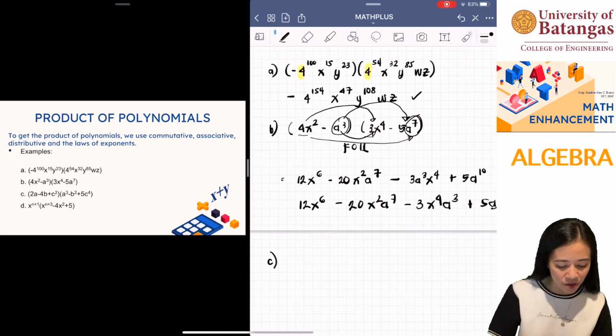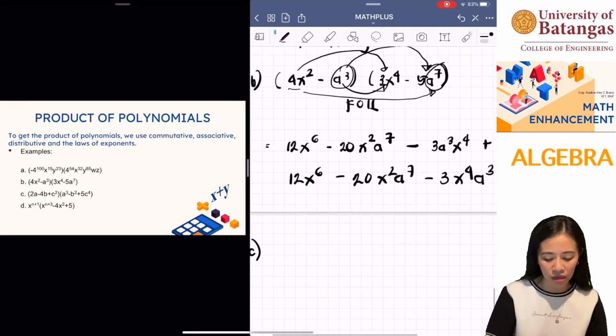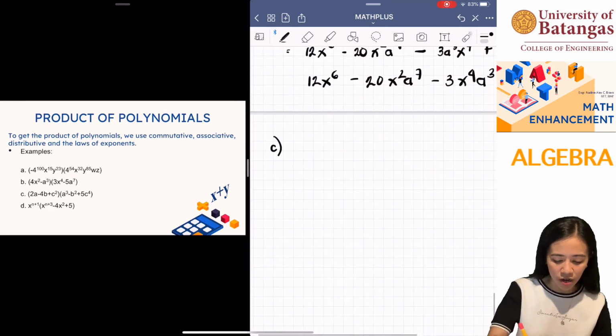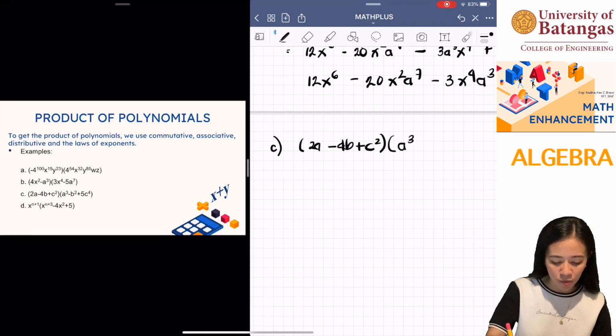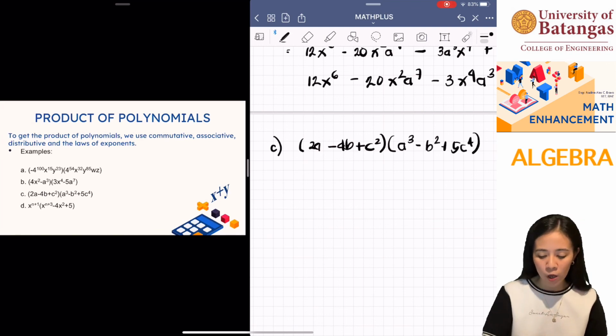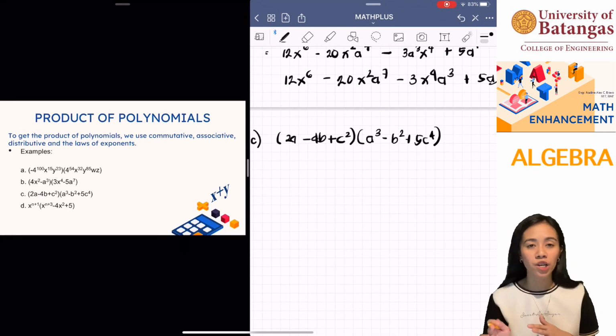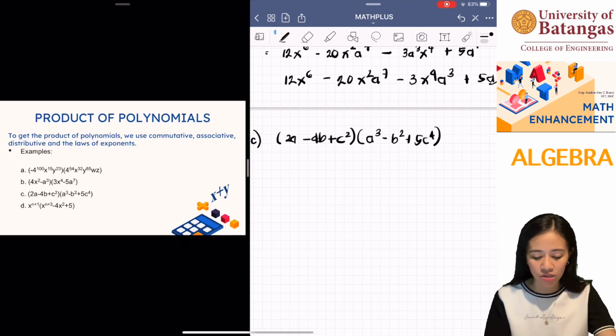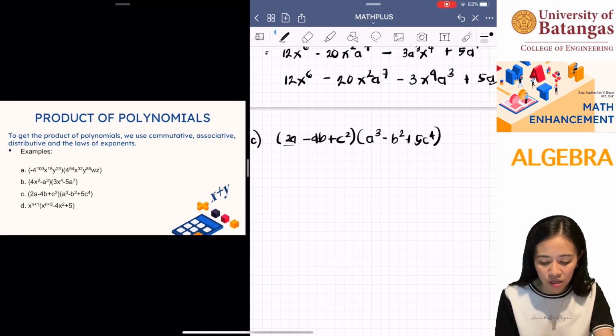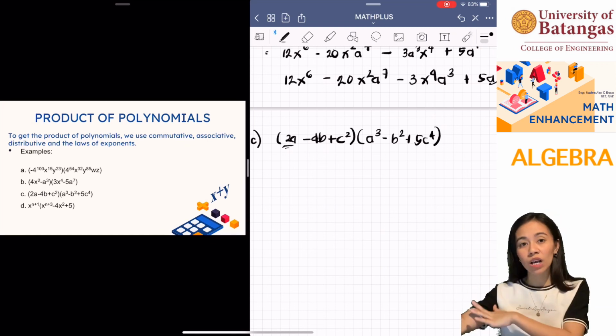With letter C, you have the product between two trinomials. So, you have here 2a minus 4b plus c squared multiplied by a cubed minus b squared plus 5c to the fourth. Since we don't have a FOIL method for trinomials, the easiest way to follow, class, is to take one term from the left, let's say 2a, and multiply it on all the terms on the other side.